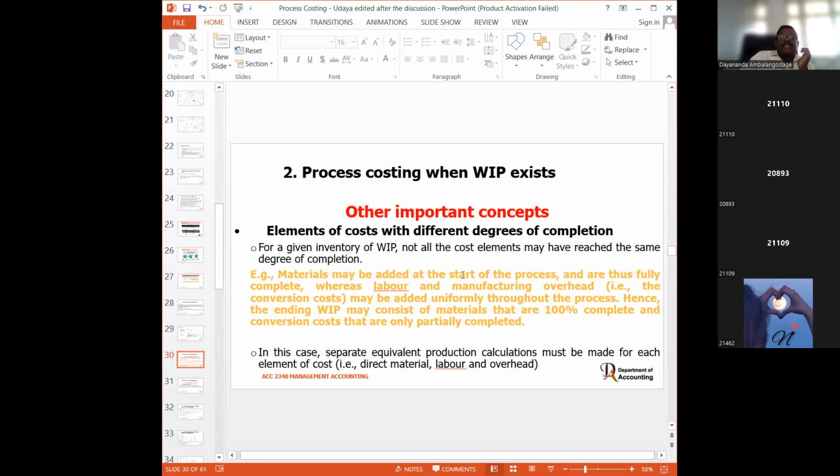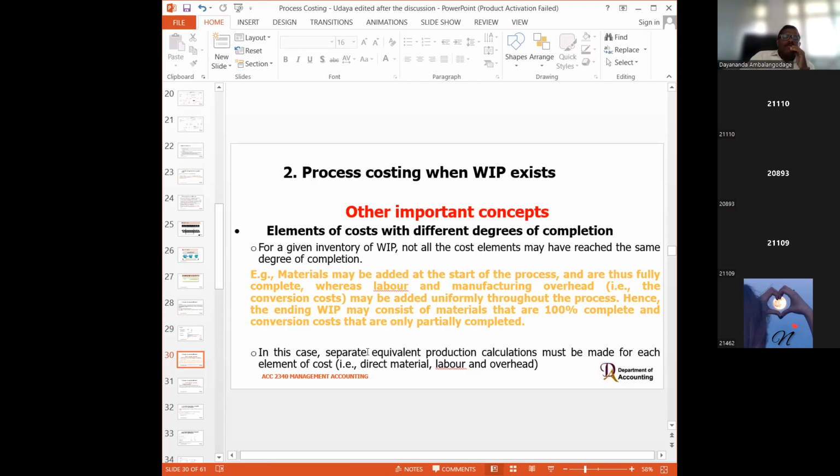Material may be added at the start of the process and is thus fully complete, whereas labor and manufacturing overheads may be added uniformly throughout the process. Hence, the end WIP may consist of material that is 100% complete and conversion costs that are only partially complete.